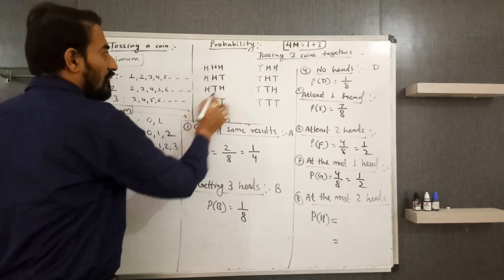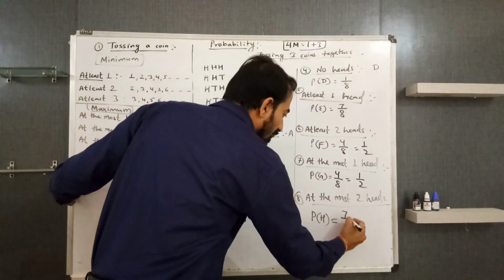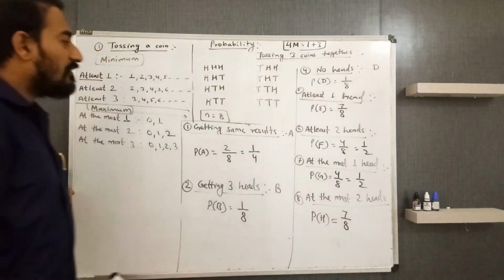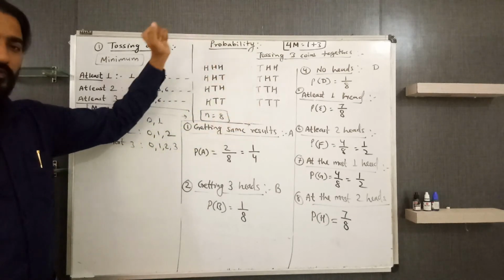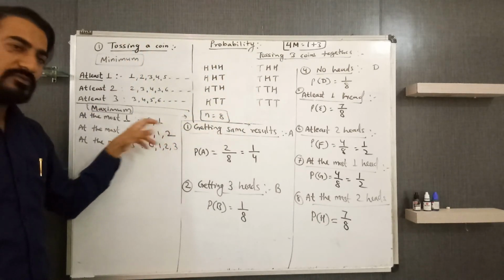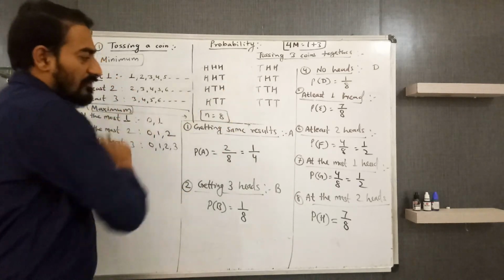Means 1, 2, 3, 4, 5, 6, 7, all these can be taken. 7 by 8. Next, at the most 3 heads means all the outcomes we will have. 0, 1, 2, and 3 heads means all the outcomes. Which type of event is it? Sure event.